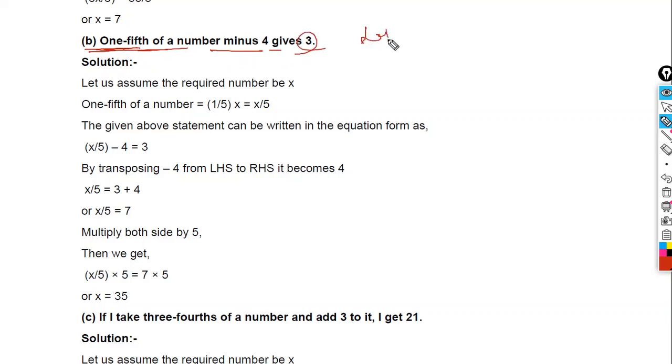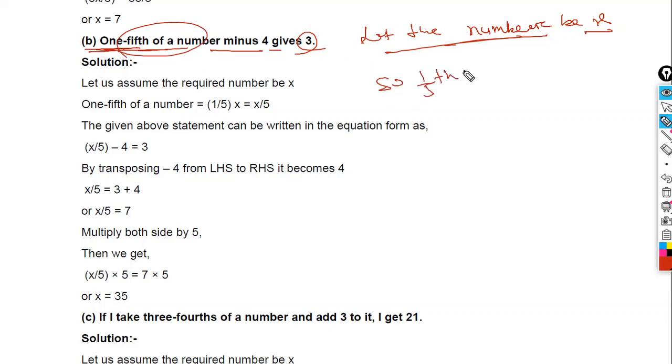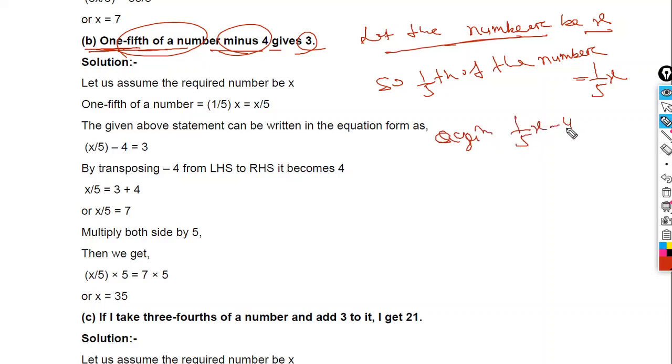So let the required number be x. 1/5 of the number is equal to 1 by 5x. Minus 4 gives 3. So 1 by 5x minus 4 equal to 3. This is our equation.